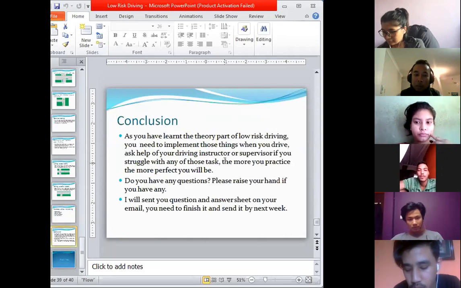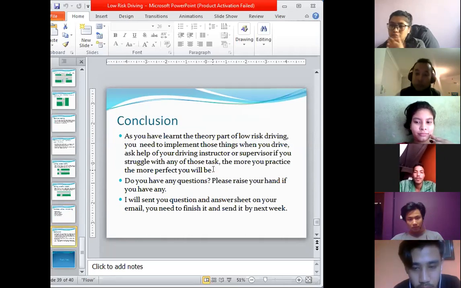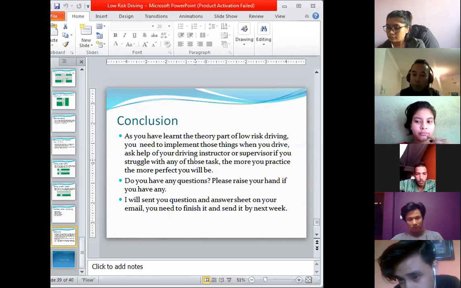Okay. So yes, that's the conclusion. The only thing left is, this is only the theory. Unless you drive and implement those things, your driving will be at risk. So ask your supervisor or driving instructors if you struggle with any of those tasks.